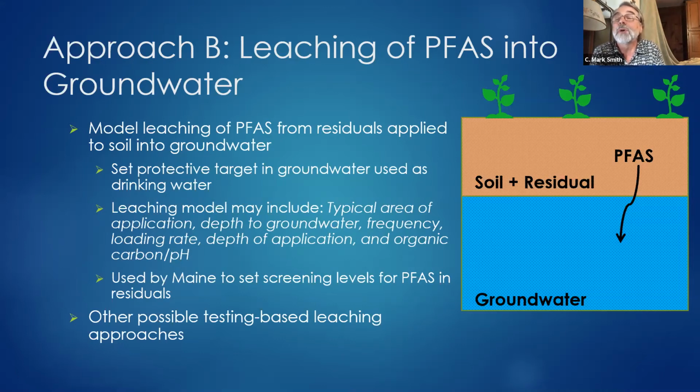These could include the typical area of application of the biosolids at a particular reuse location, the depth to groundwater, the frequency of application, the loading rate, how much of the biosolids is added, the depth of application, including the depth to which the biosolids may be mixed or tilled into the soil, and the organic carbon content and pH, which may affect the mobility of the compounds from the soil. This approach was used by Maine to set their screening levels for PFAS in biosolids, and we'll talk about that in a little bit more detail in a moment.